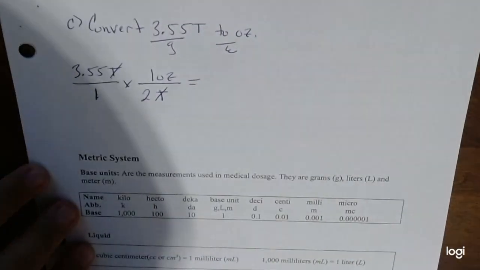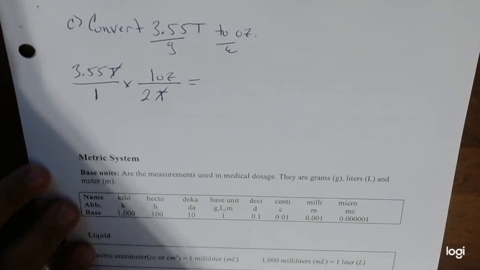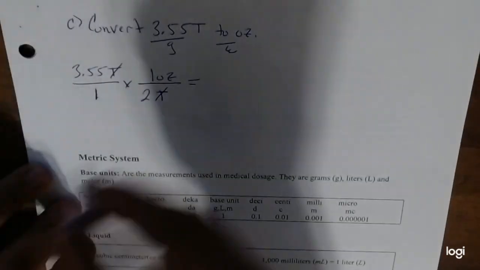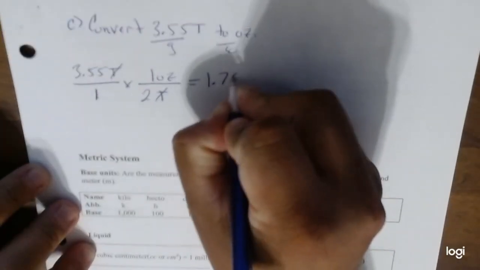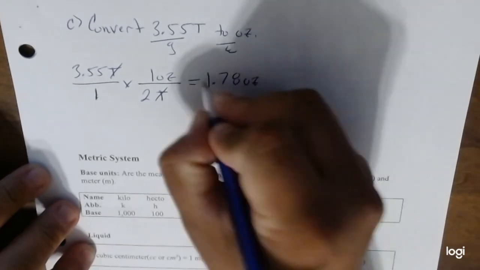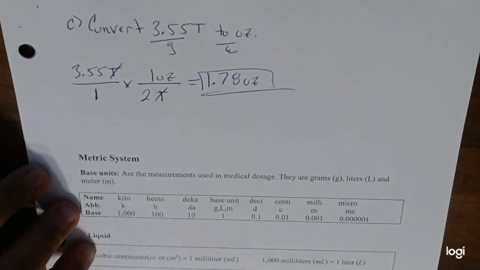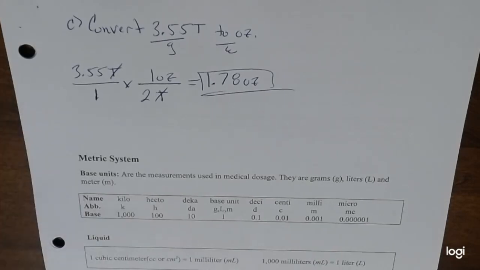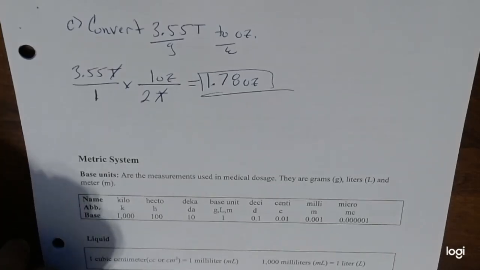So dividing these, so 3.55 divided by 2 gives you 1.78 ounces. So hopefully about the same thing, right? Nothing really brand new from the last one. Hope you guys will also like the extra practice video. I'll give you guys a little bit portion as well.